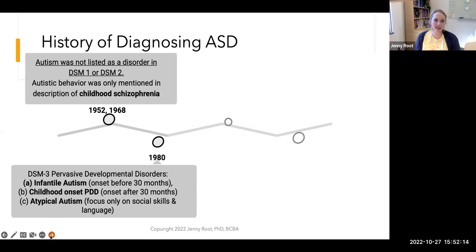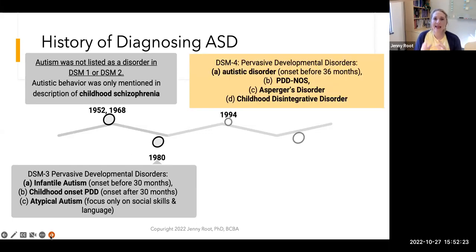And then atypical autism, and that was the individuals who only had social and language difficulties. In 1994, when the DSM-4 came out, again, all of these conditions were under one umbrella, pervasive developmental disorder. And that's where, again, we had some recategorization. We had autistic disorder, the onset before 36 months, so children.